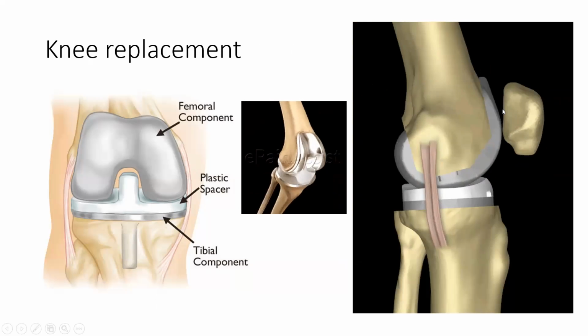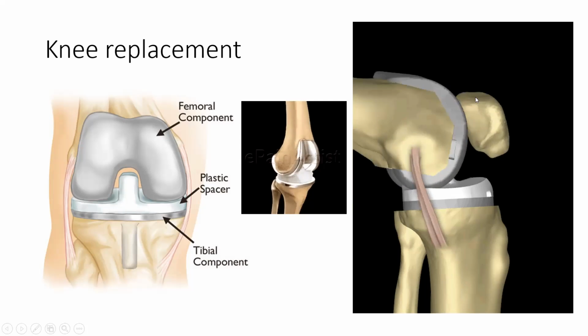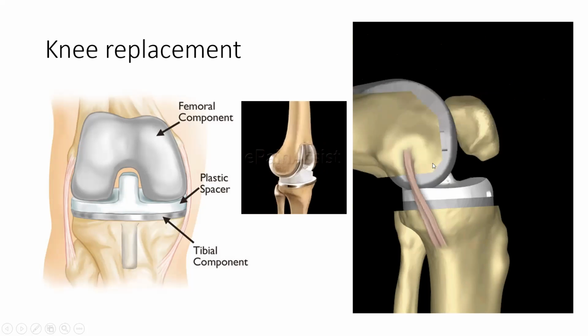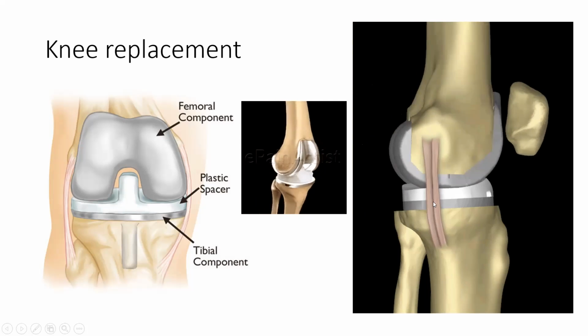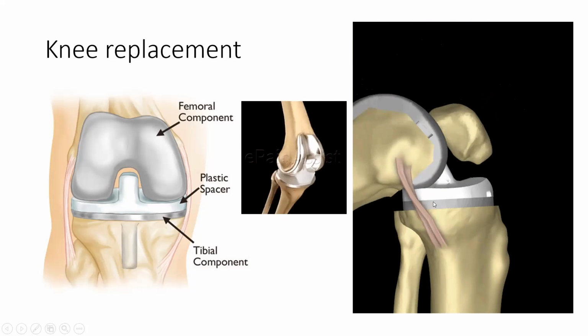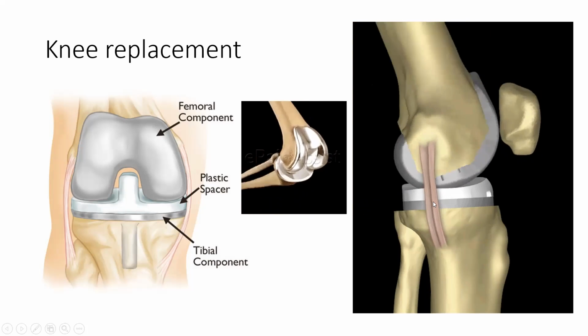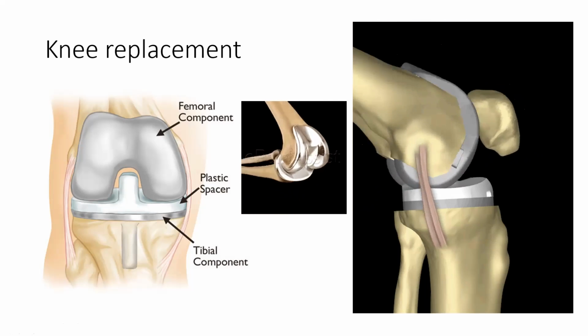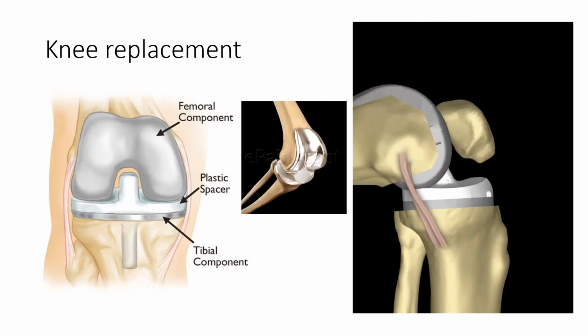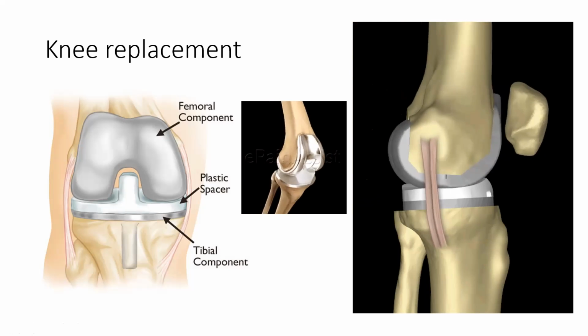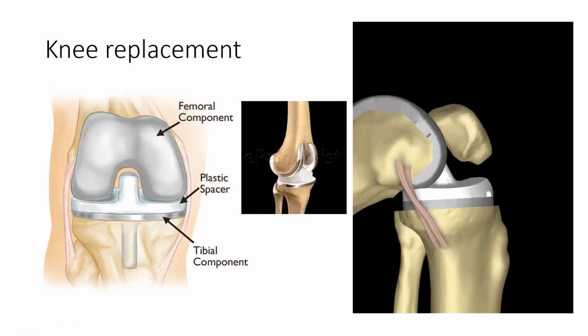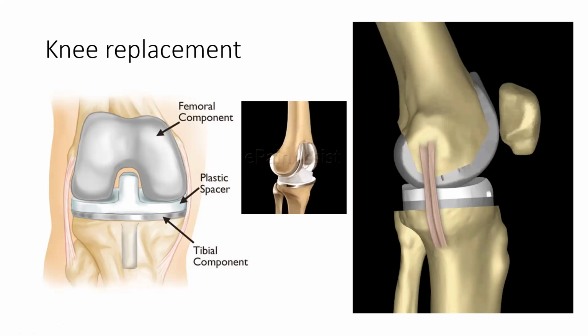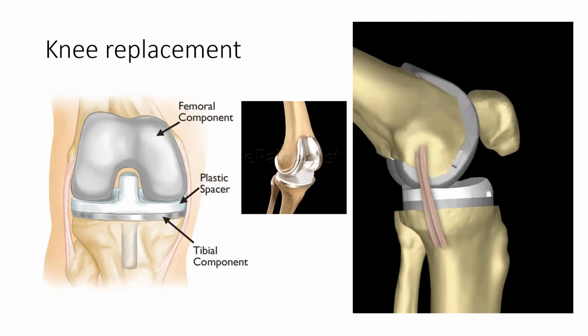And then, of course, the patella is still held in place with the patellar ligament. And the medial and lateral collateral ligaments are not removed, by the way. You're not removing those. You're only pushing them aside long enough to repair the damage and put in the replacements.